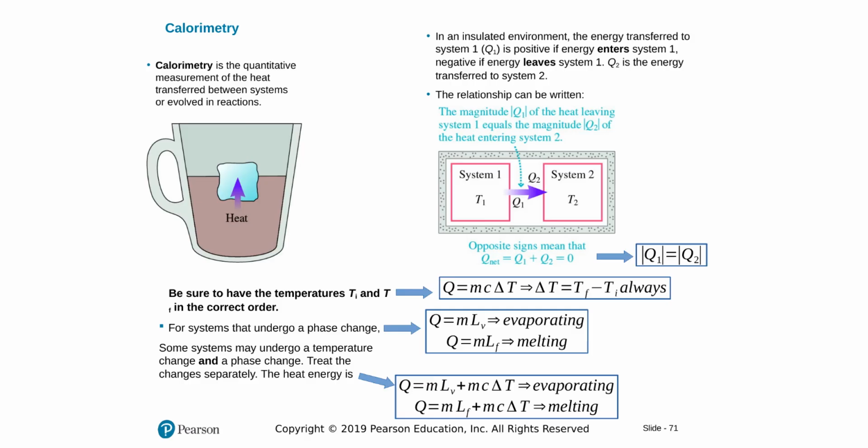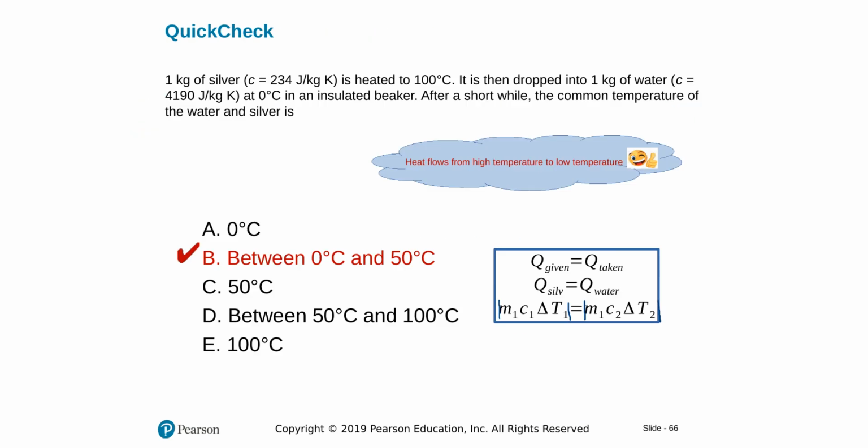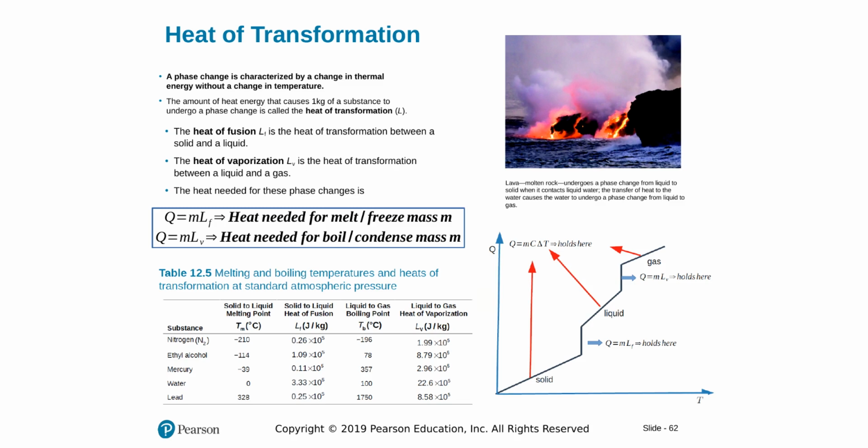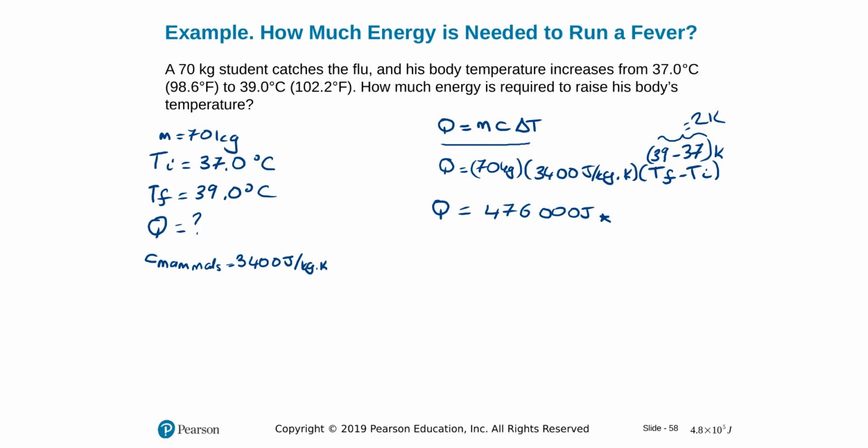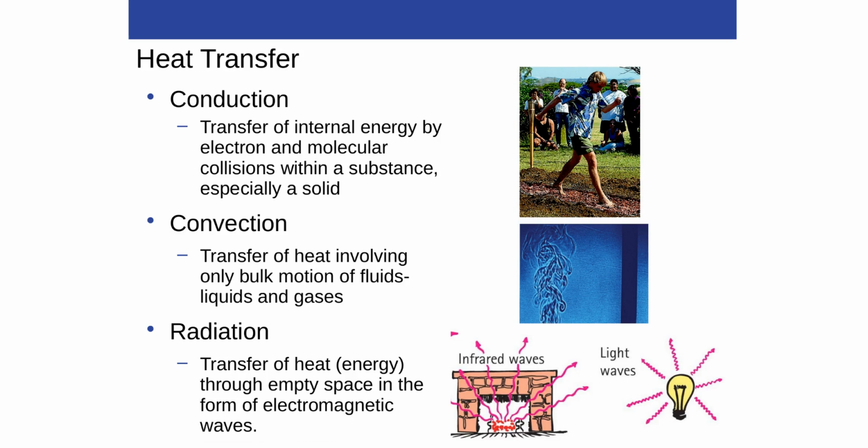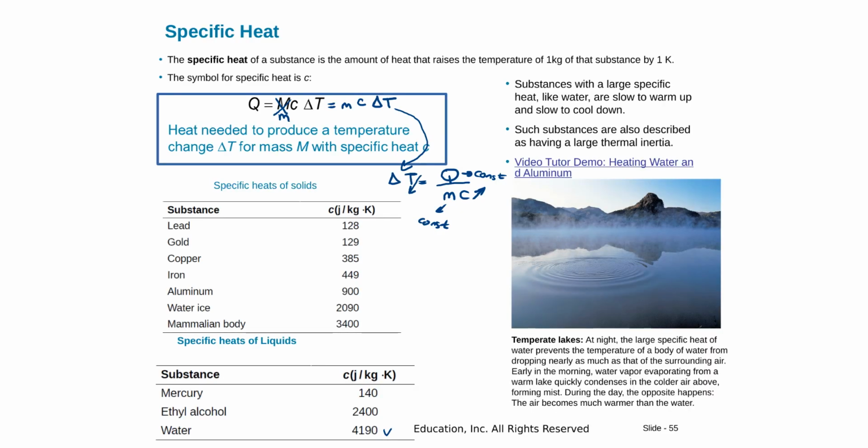Let's see if we have our tables here. Do we have the C table here? Okay. 129 points, so 128.